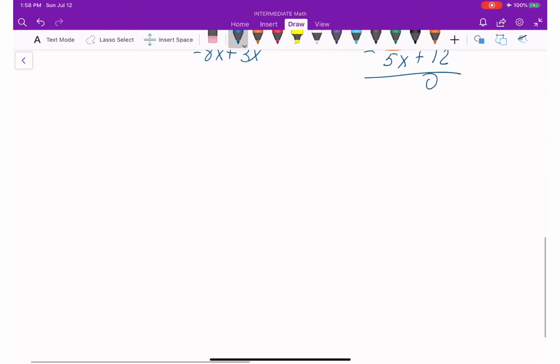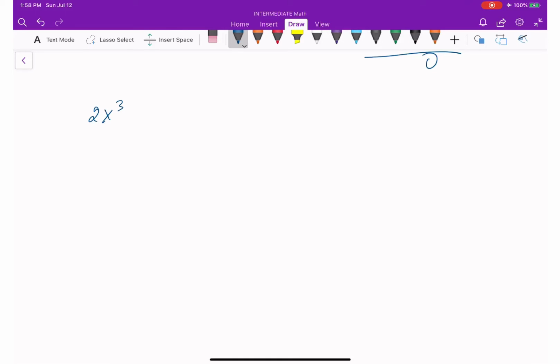Another one, let's take a little bit longer case. 2x cubed plus 2x squared minus 7x plus 6.